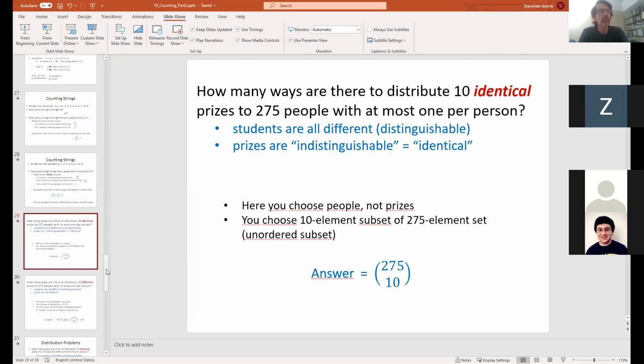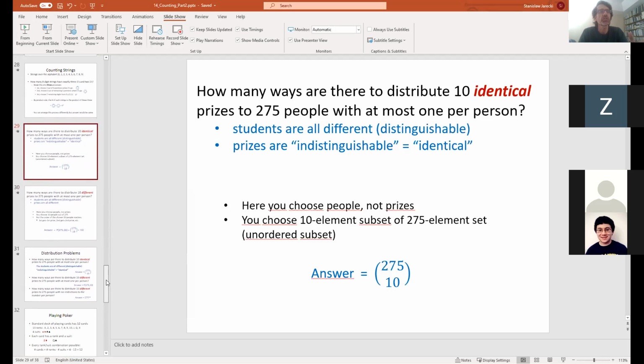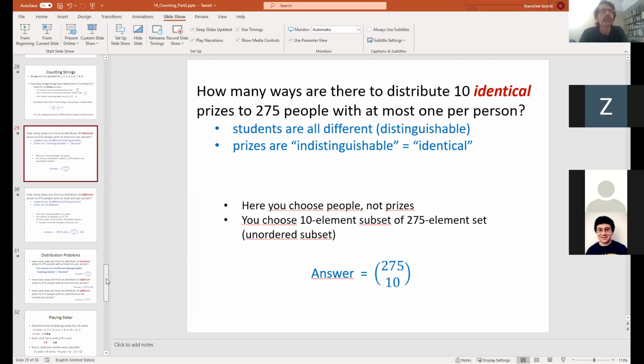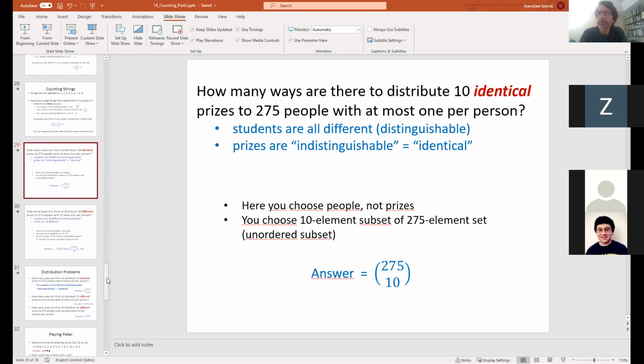And this also maps into a question of whether what I'm counting is distinguishable or indistinguishable. So look at this example. Let's say I have 275 people, like students in the class, and 10 prizes that are like an A+ grade.